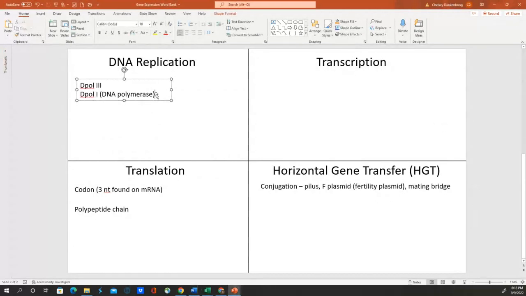So remember, y'all, the 2 parent strands of DNA are going to be separated. And that happens, and let's go ahead and add this word, at the origin of replication. That's what we call the starting point of DNA replication. And at that origin of replication is where the DNA strands start to separate.